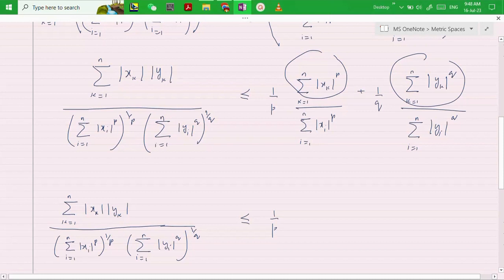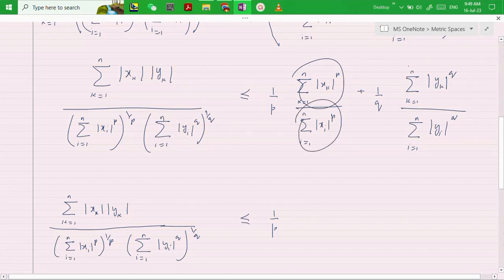We replace k by i because here this quantity and this quantity, the answer is same. Also the sum of all these terms, yk mod whole power q, and the sum of all mod yi power q is the same. So these two quantities are same, so we replace k by i, so it doesn't matter because the answer is same. So we replace k by i.